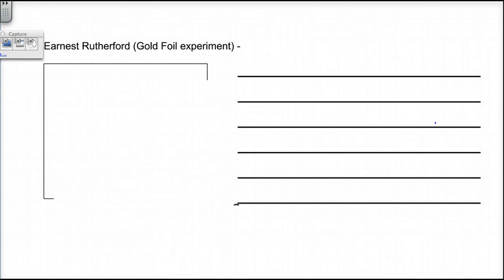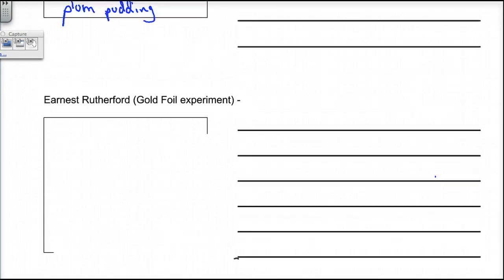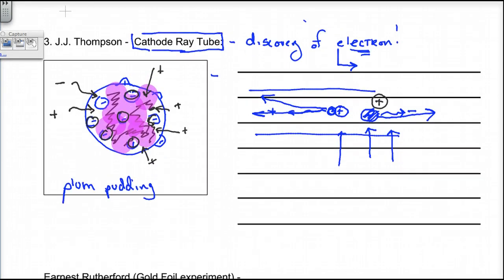Okay, so picking up where we left off yesterday, we left off with J.J. Thompson's cathode ray experiment, and we learned that this cathode ray basically was yanking negatively charged particles away from atoms, creating this beam of particles that were negatively charged.